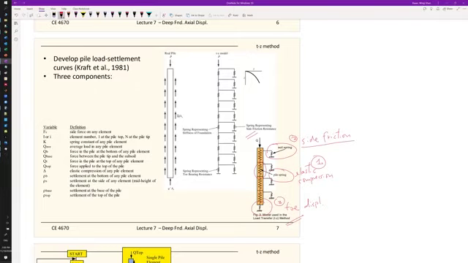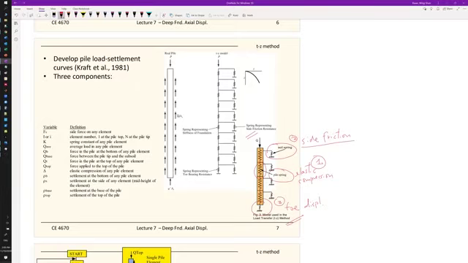Anyway, you have three different sets of springs over there. You have a series of internal elastic compression springs. You have the side friction springs, and also you have the toe spring, one spring at the toe. Usually we call this the QZ spring. So why do you call this the TZ method?